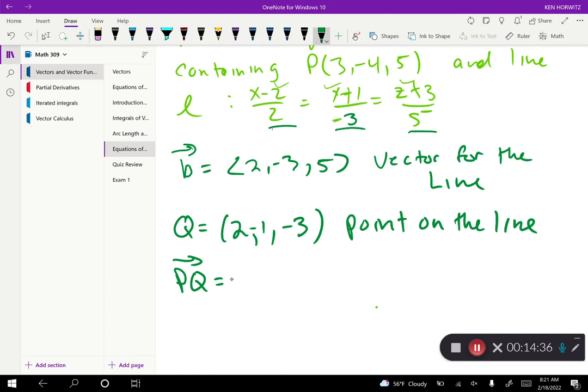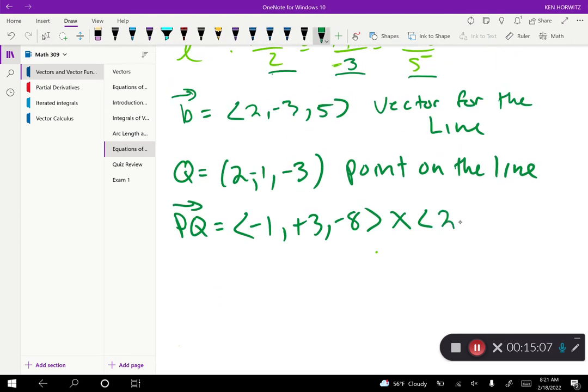So for vector PQ, I've got 2 minus 3 is negative 1. I've got negative 1 minus negative 4 is going to be plus 3. And then I've got negative 3 minus 5 is negative 8. And then I'm going to cross that with vector B, which is 2, negative 3, and 5.